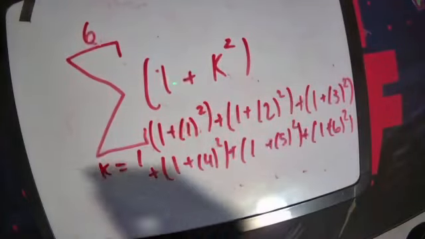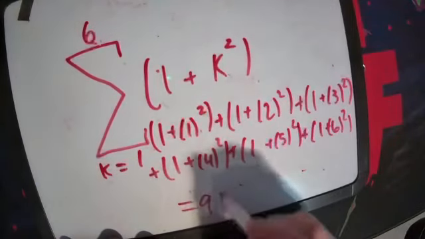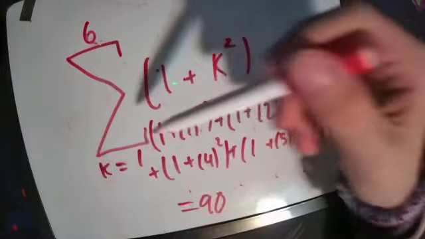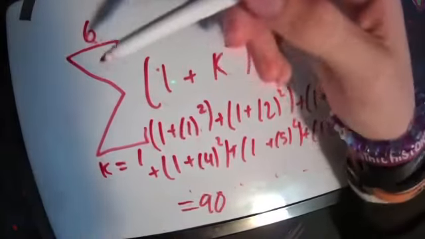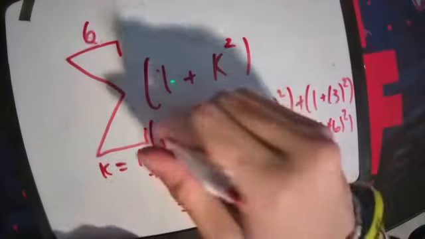If you take all these values, we would get an eventual answer of 90. But you see how long that took me to write out? If we simply roll this summation notation into a calculator, it would give us 90 automatically in a much shorter time. So that proves the point that summation notation is easier for writing long and tedious sums.